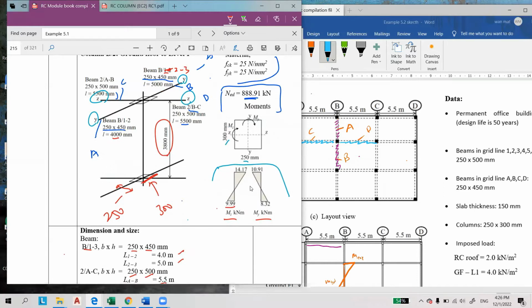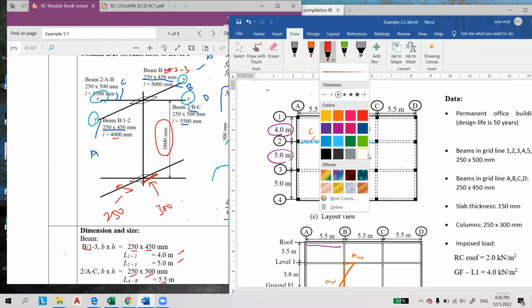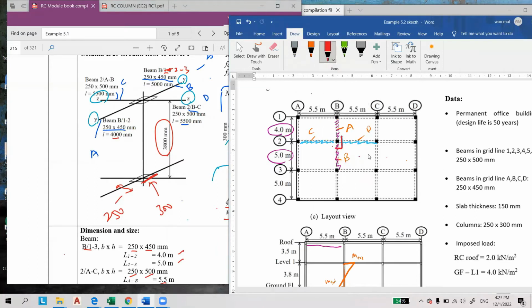Let me enlarge: this column is 300 and this one is 250. You can correct me if I am wrong.